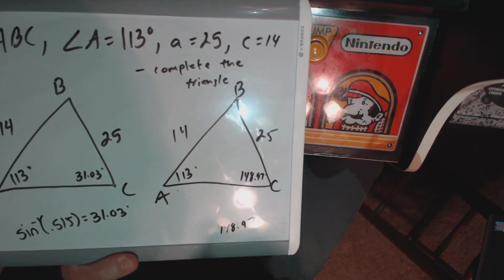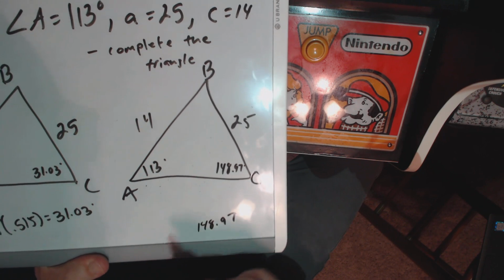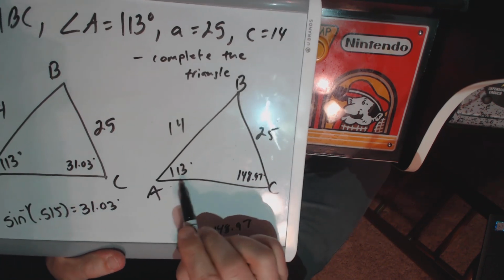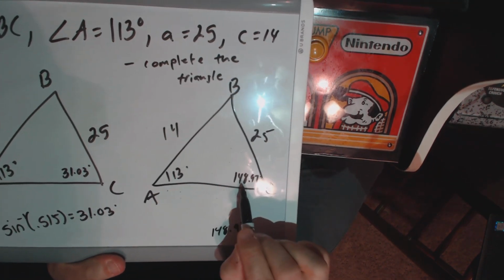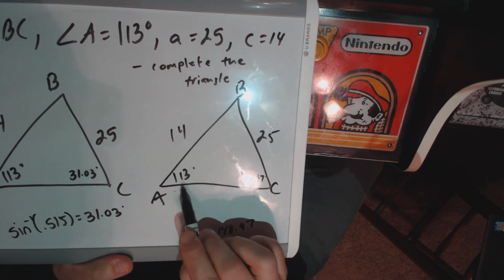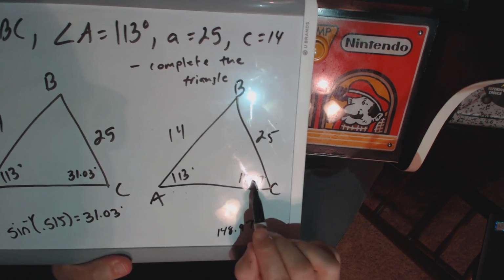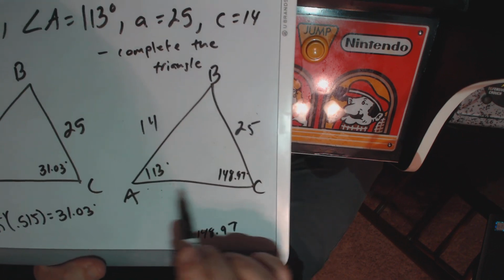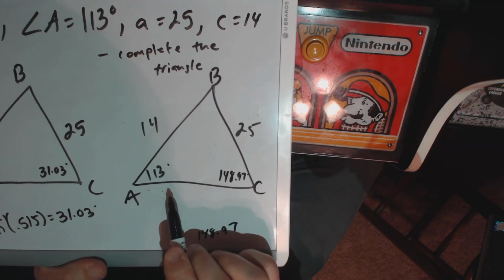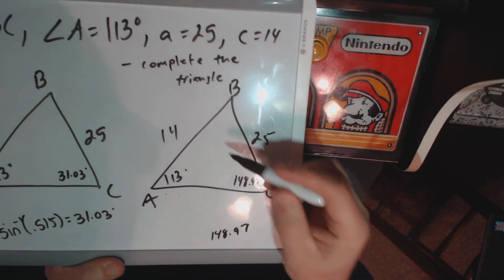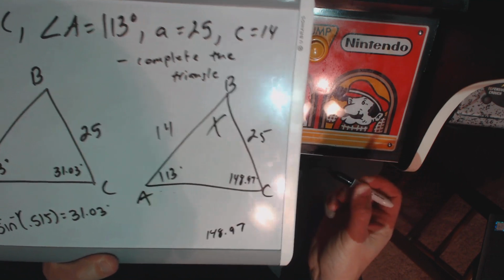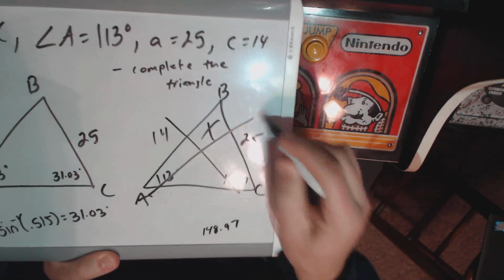Because these two have the same sine, okay? Here's what you need to look at though. See 113 and 148.97? If you add those two up, guess what? You're already over 180 and you have no room here, okay? So therefore, that would not work, okay?